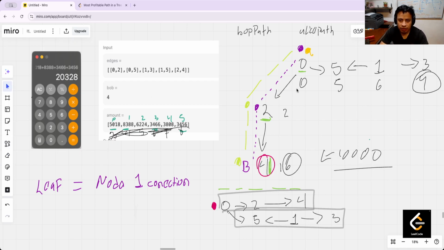Okay, I think that I can start here in the 0 and now pass the value to the childs. In this case, I have two childs, 2 and 5. What is the next? The next is define the childs of this.